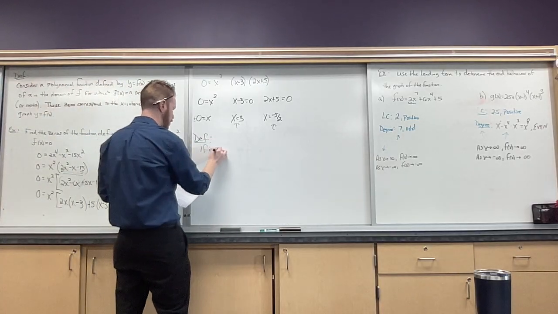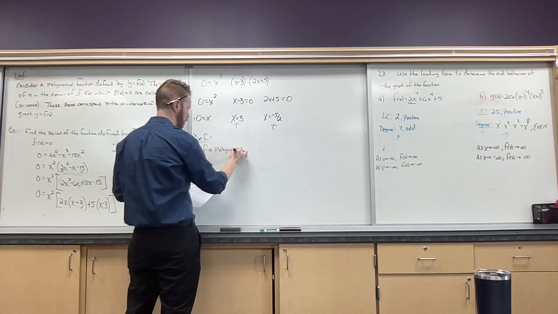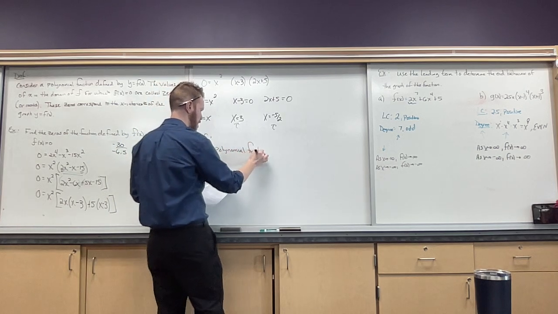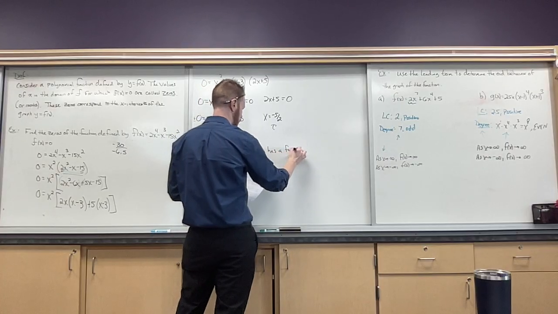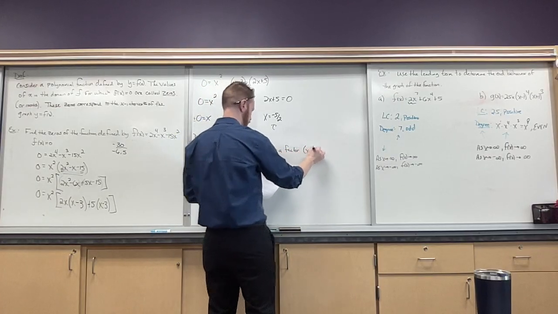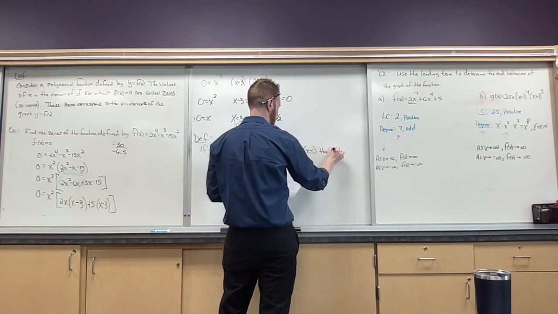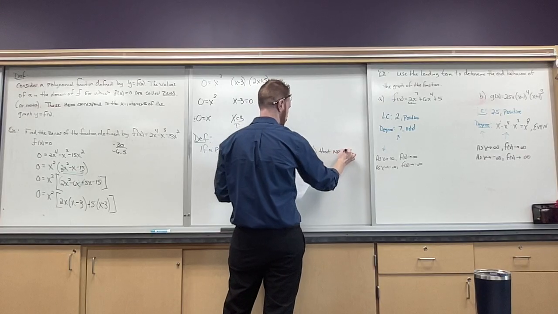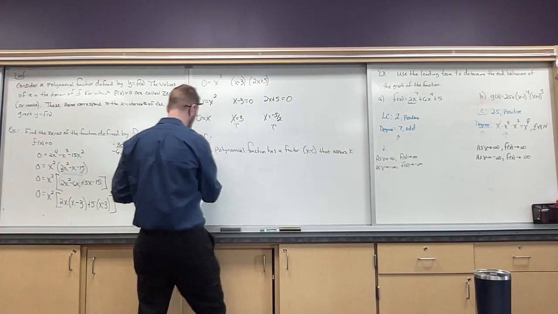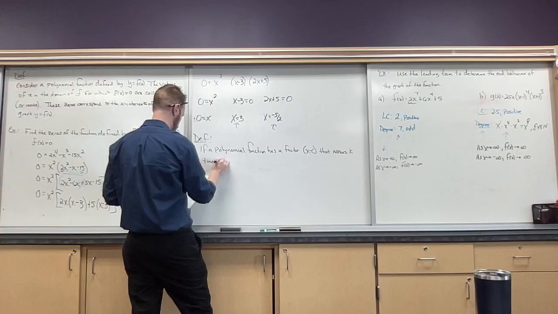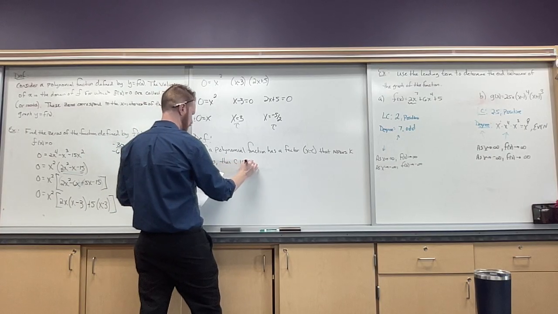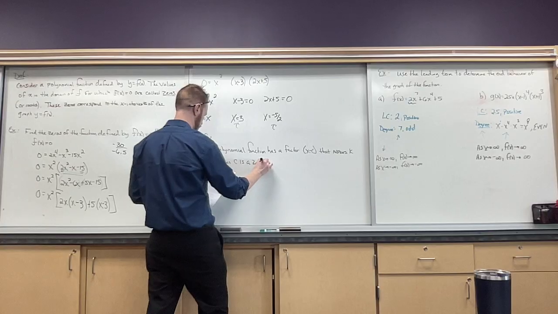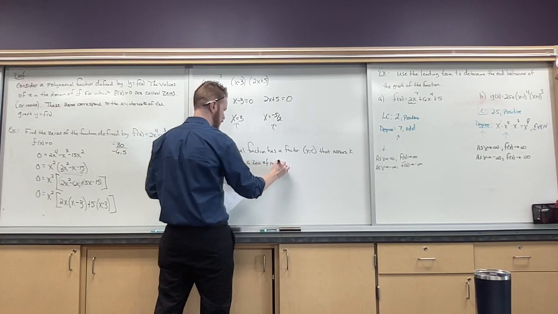So if a polynomial function has a factor x minus c that appears k times, then c is a 0 of multiplicity k.